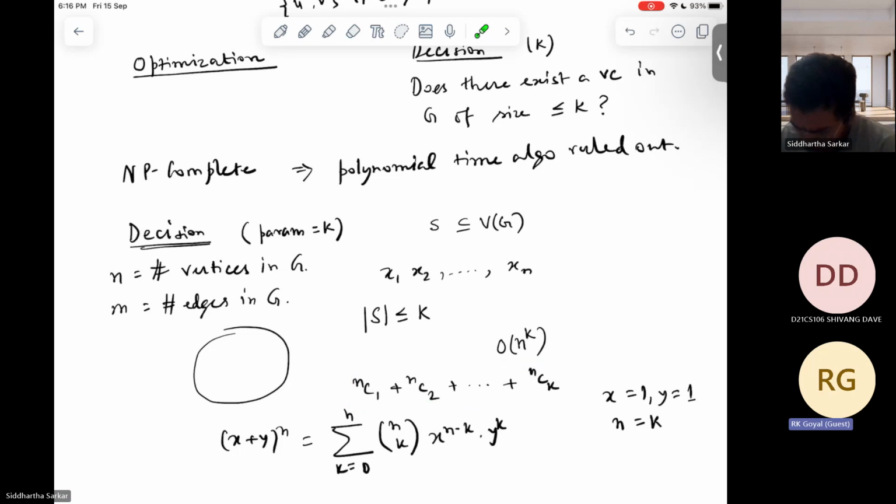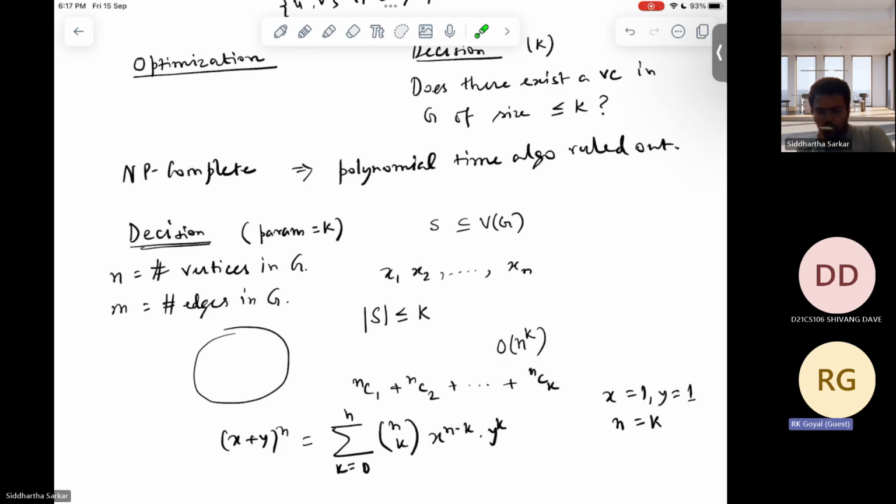So no issues, because we can still replace x by 1 and y by 1, and for all the values wherein the value of k is greater than n, for the remaining values beyond that, all the terms will become equal to 0.